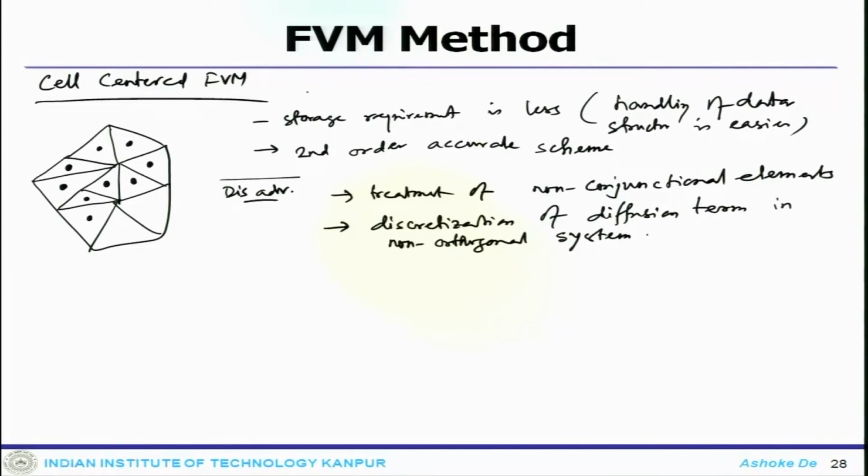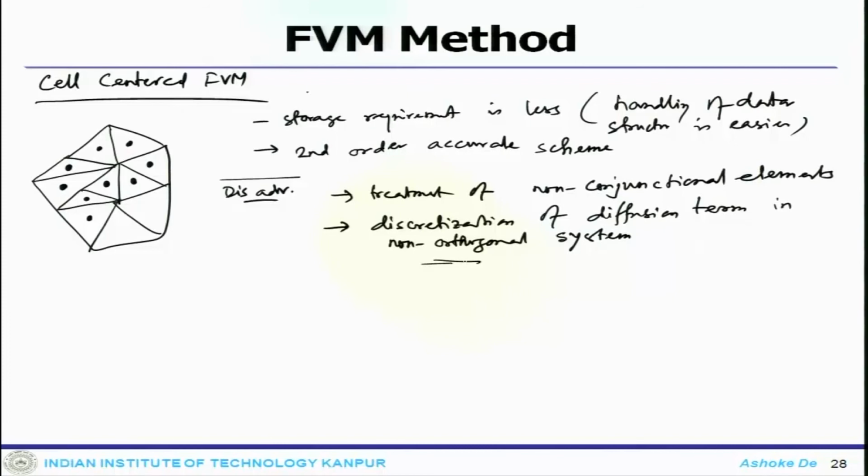So, as we move along, at least in the next lecture when we discuss about the mesh, we will see when the system is non-orthogonal, that means the orthogonality is not there, then how difficult or not trivial would be the discretization of these terms. Okay.